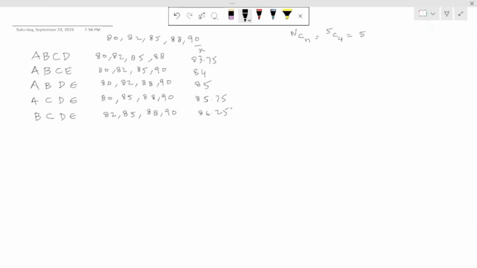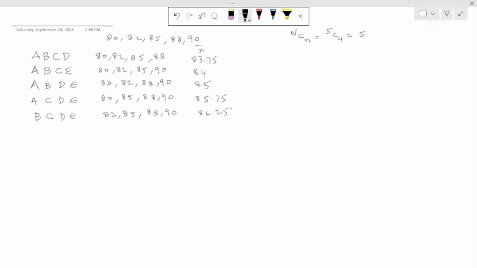You can check in the meantime. 80, 85, 88, and 90, and then divide this by 4. Yes, 85.75, and the last one is 82 plus 85 plus 88 and plus 90.